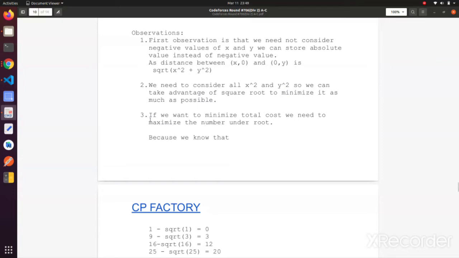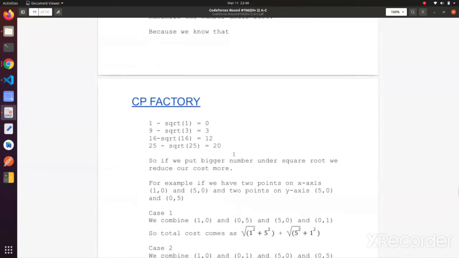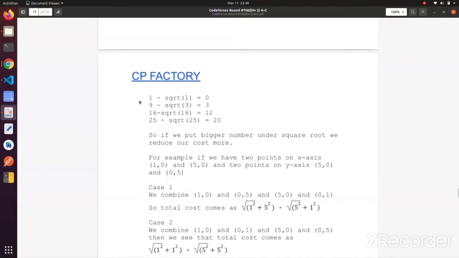So if we want to minimize the total cost, we need to put the maximum number under the root. I have shown a property: 1 minus the square root of 1 is 0 minimization. 9 minus the square root of 9 is 6, I made a mistake earlier. 16 minus the square root of 16 is 12, and 25 minus the square root of 25 is 20.